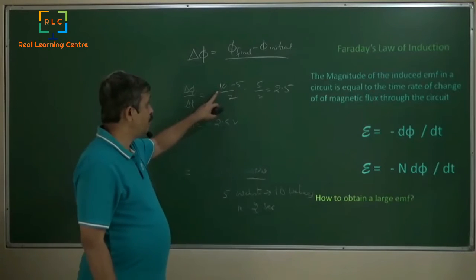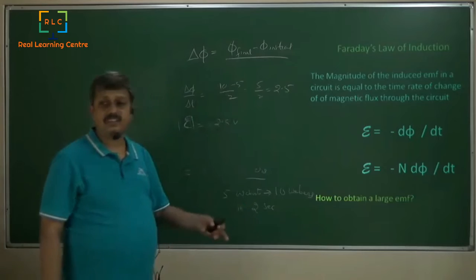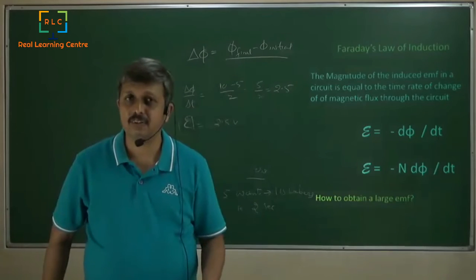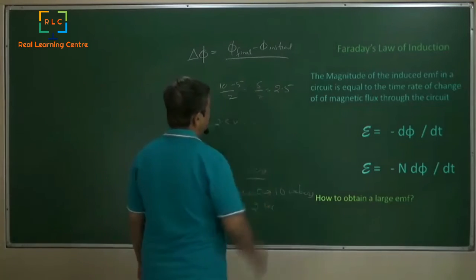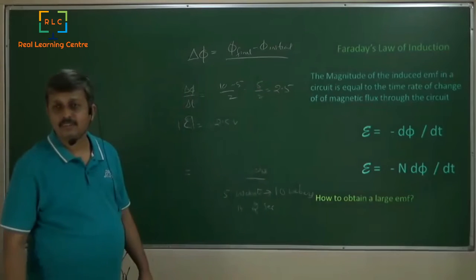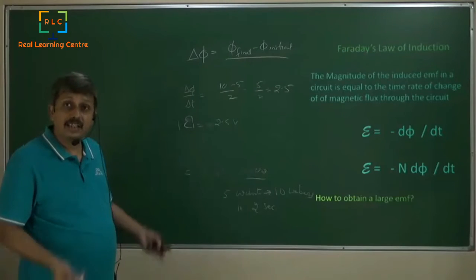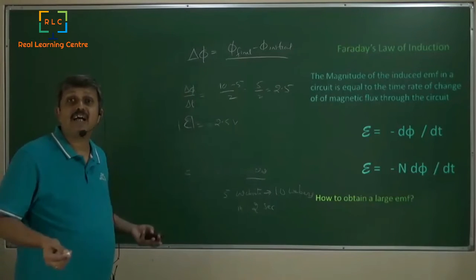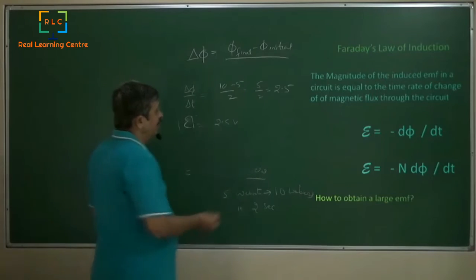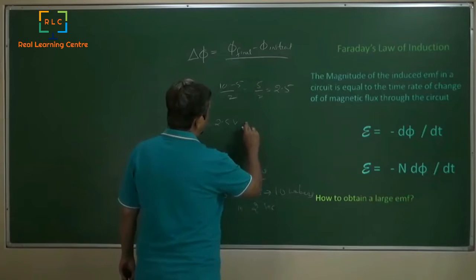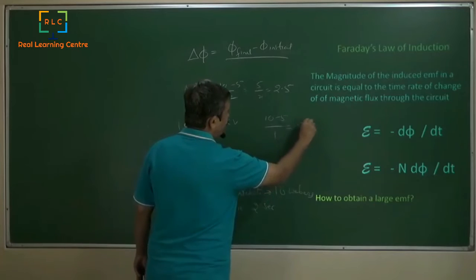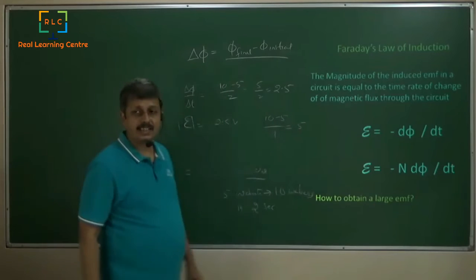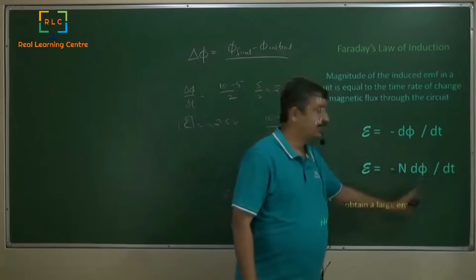I can go from 5 to 15, then this will become 10 by 2 and it will become 5. Or I can decrease the time, that means I can go very fast. I can say 1 second. If I use 10 minus 5 by 1 second, it will become 5. So either I can decrease time or increase delta phi.